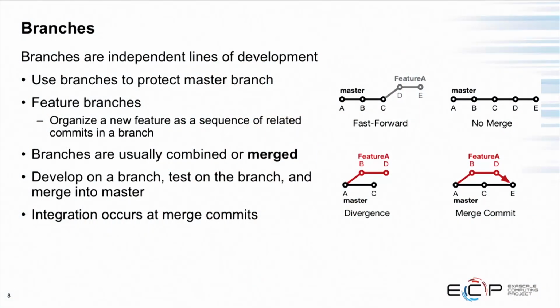The version control system is actually going to have to take the contents of B and D and mix them successfully with C. So if I did have a merge conflict, again, between B and D, that would have to be resolved by the version control system and by manual intervention on my part. The end result of that is that you would create what's called a merge commit here on E. So those integration difficulties are coming at this point of merging of branches.